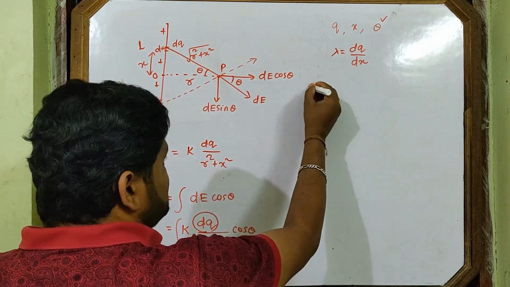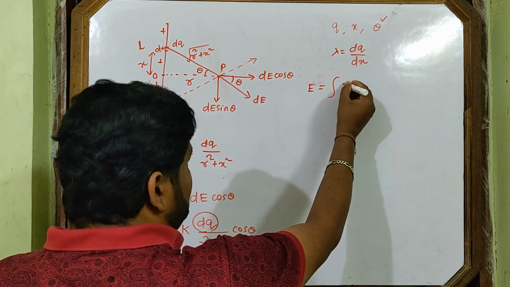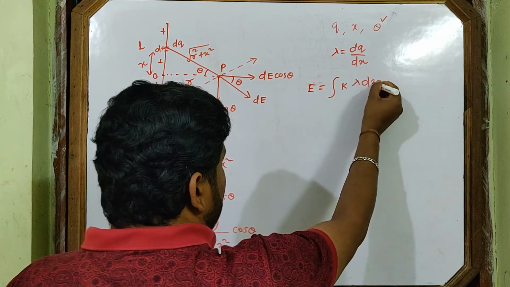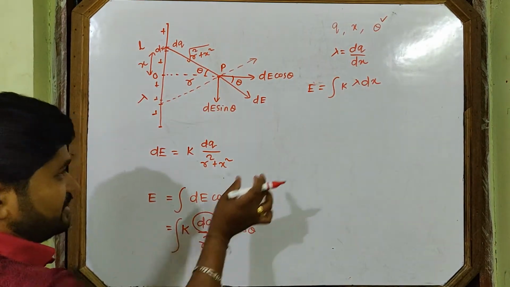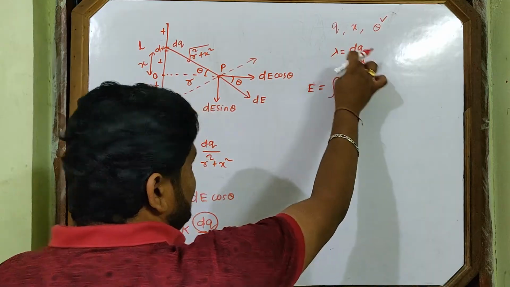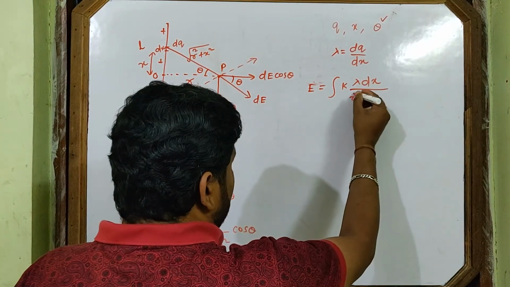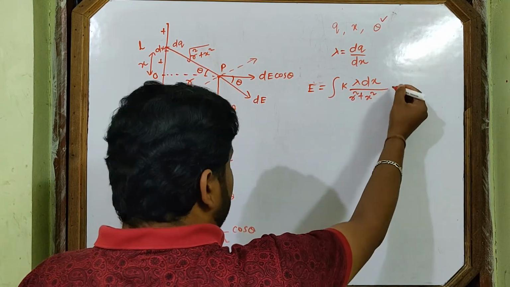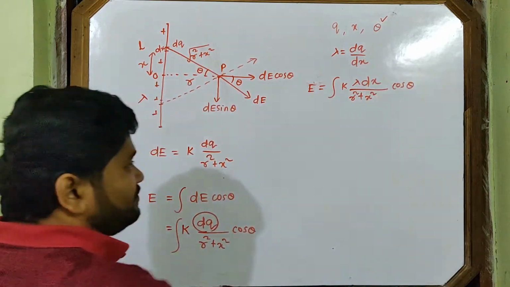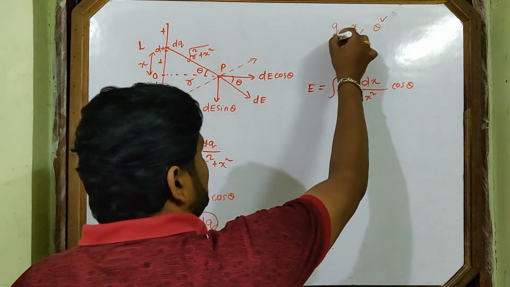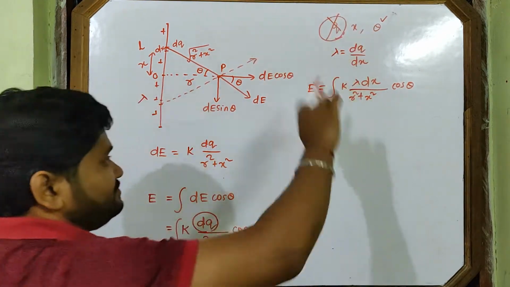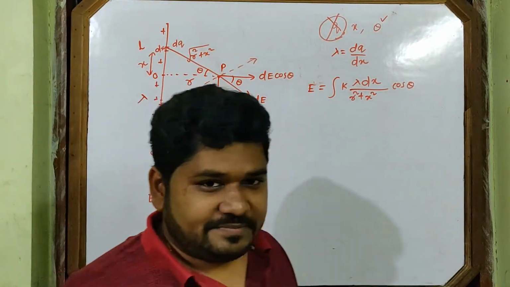Let's put it here: integration of k lambda dx, in place of dq, by (r square plus x square) cos theta. Now dq is cancelled, now only x and theta remain.